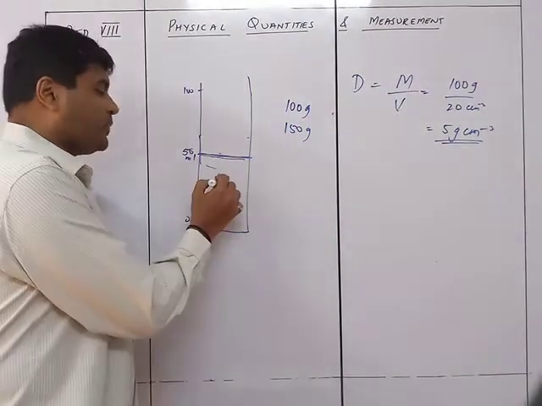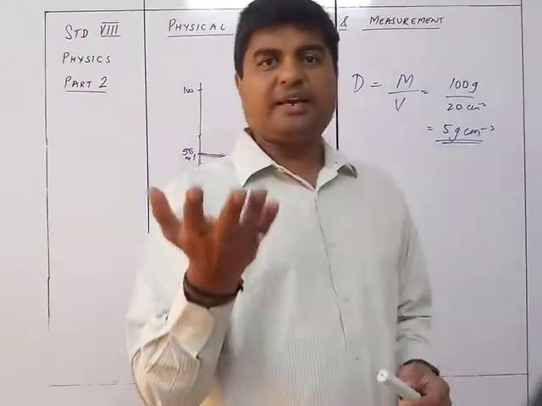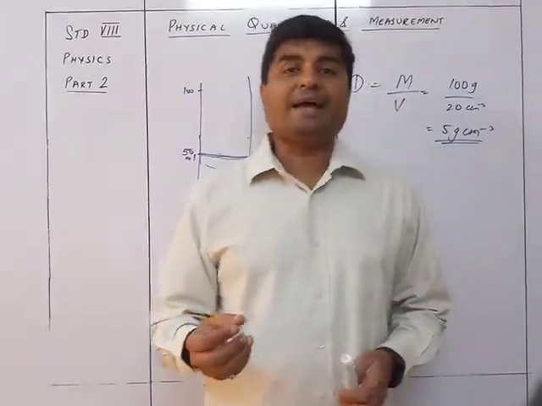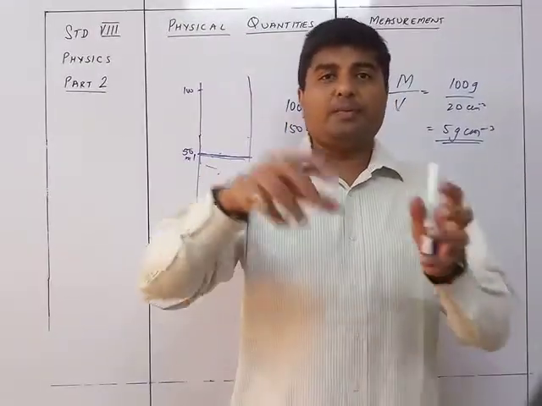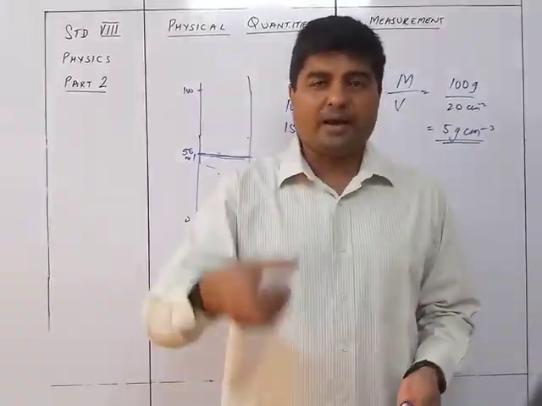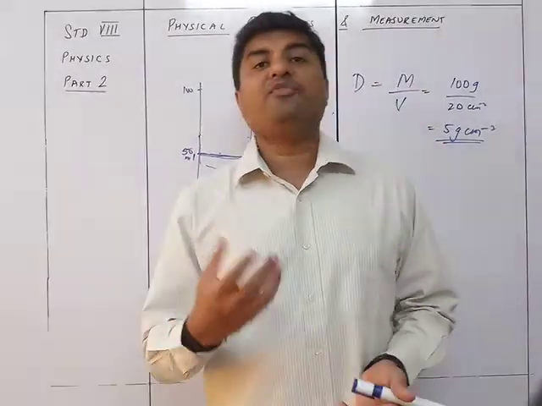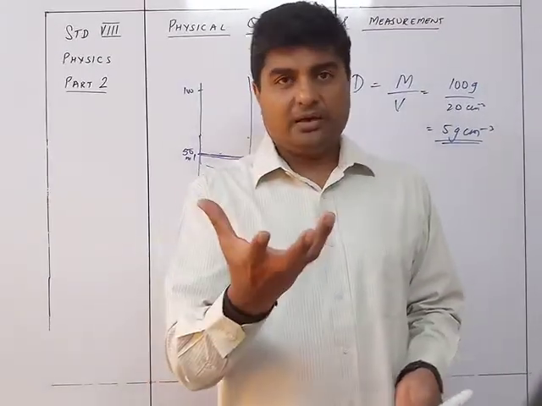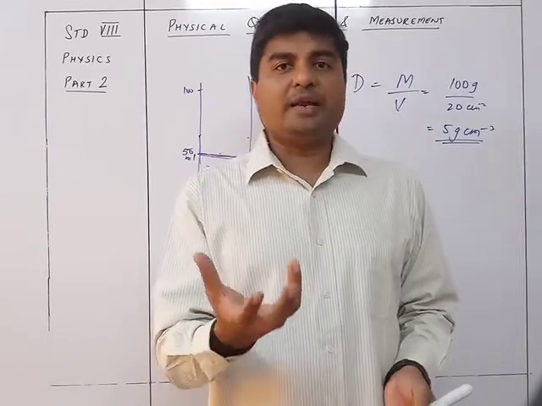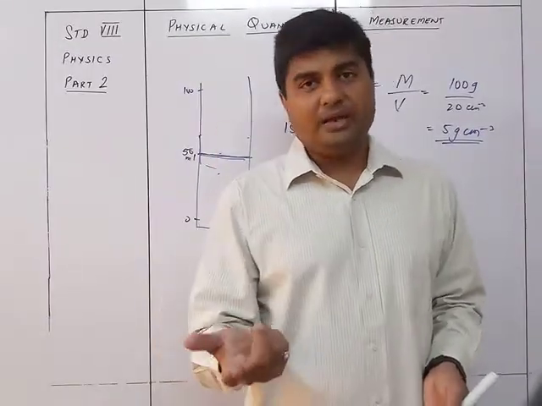So what is the weight of the liquid? First, what was it? The weight of the empty measuring cylinder. Why? Because I cannot take the liquid directly on the beam balance and measure it. I cannot pour water or any liquid directly into the beam balance. So I'll first measure the container. After measuring the container, I fill the liquid inside and I measure the container with the liquid.